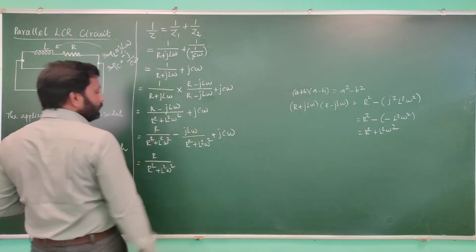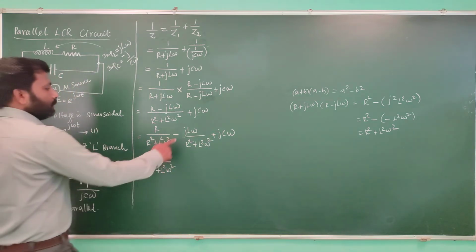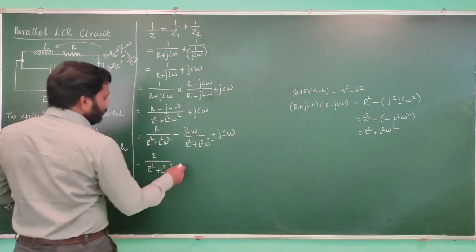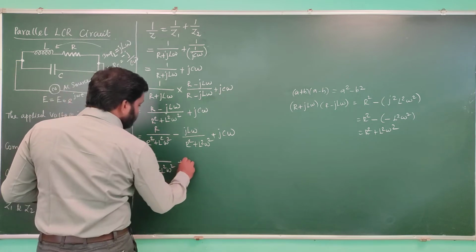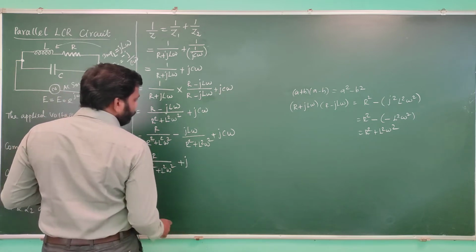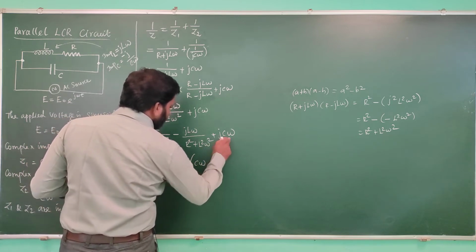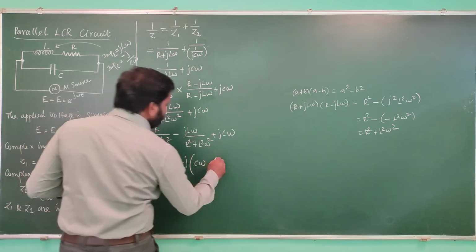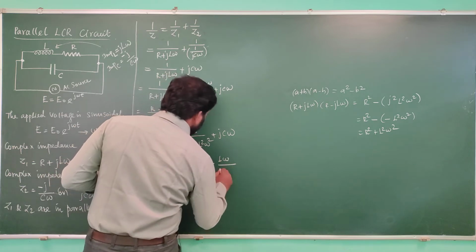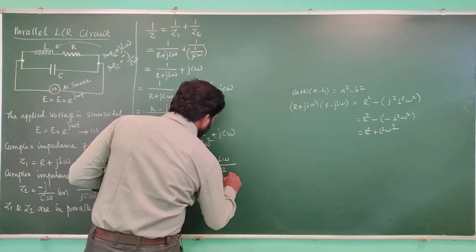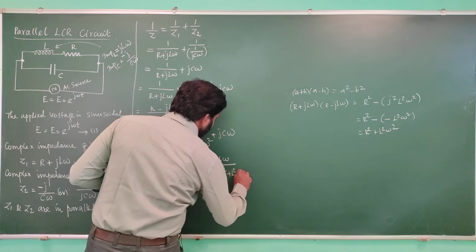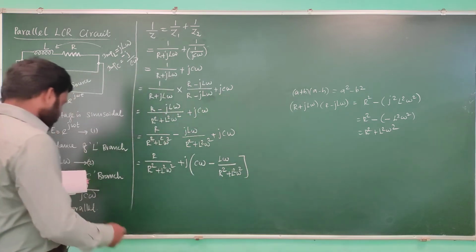Here j is common in both these terms, so you can take j out as common. Let us take plus j out. So what is remaining? C omega minus L omega by R square plus L square omega square will be remaining.